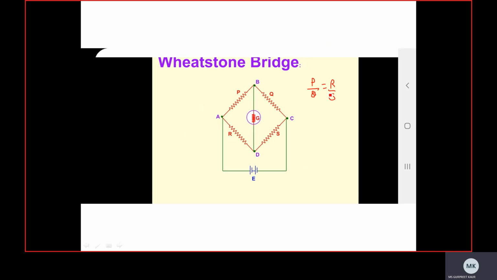To make the bridge sensitive, all the resistances are to be taken of the same order. This Wheatstone bridge is used to find unknown resistances of smaller values, not very large values, because for large resistances the results will be non-linear. The output you obtain in terms of potential differences will not be according to the current flowing through it.